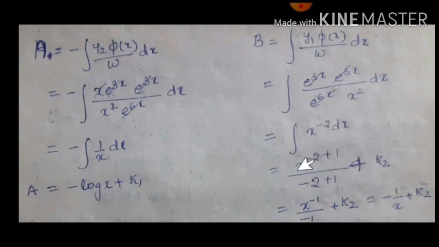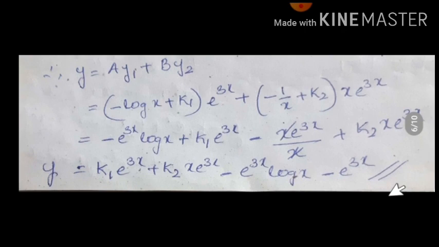Apply the integration formula, x to the power of n plus 1 by n plus 1. So n value here is minus 2. When you simplify, you get x to the power of minus 1 by minus 1 plus a constant of integration. So this can be written as minus 1 by x plus k2.